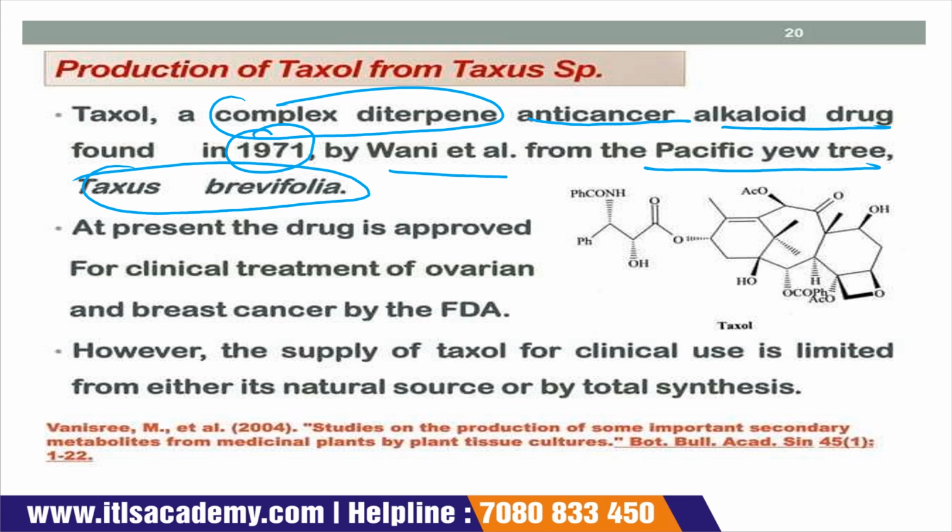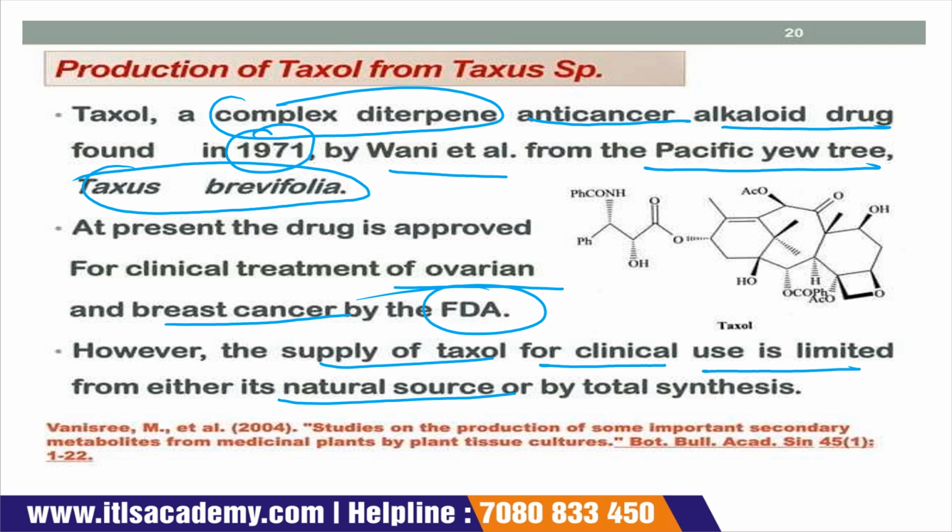At present the drug is approved by the FDA for the clinical treatment of ovarian and breast cancer. However, the supply of Taxol for clinical use is limited, either from natural sources or by total synthesis.